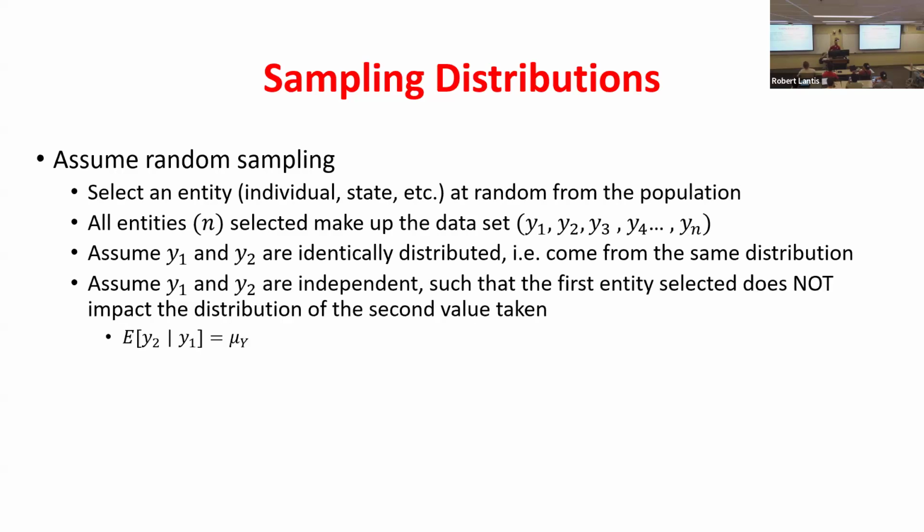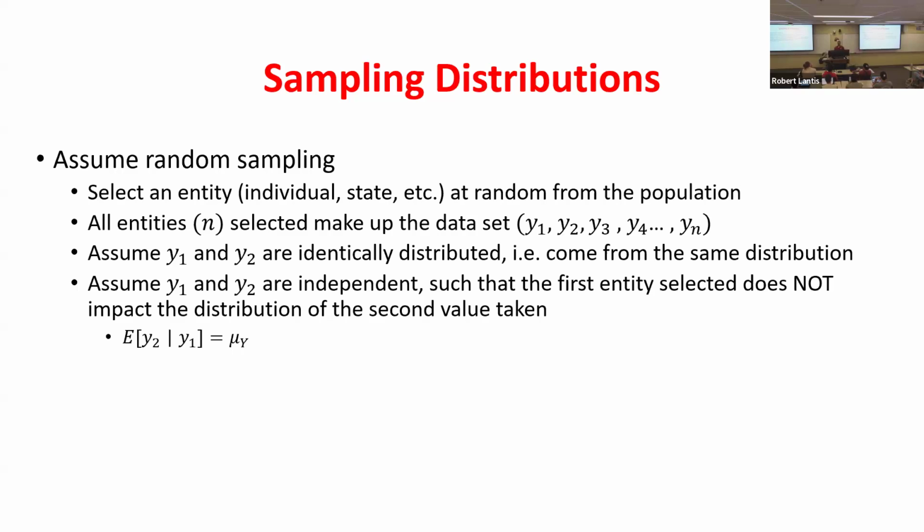Now, what we're assuming when we draw these samples is that for any one observation, if I'm selecting observations randomly from the population, say choosing people at random from this class, the fact that I selected you as the first observation doesn't change the expected value, or the likelihood that I'm selecting a specific person, right? How could this be violated?